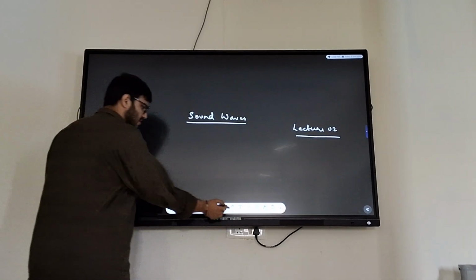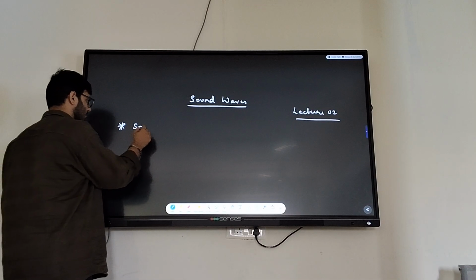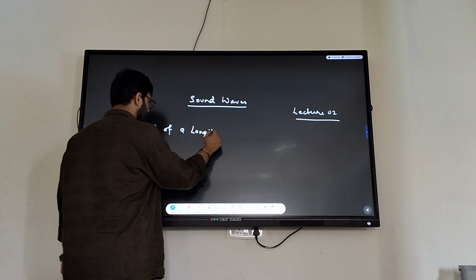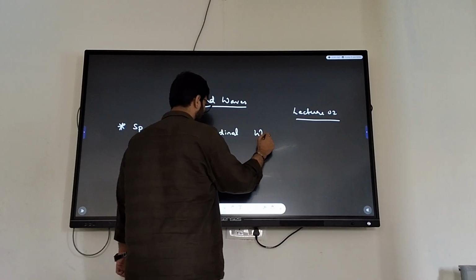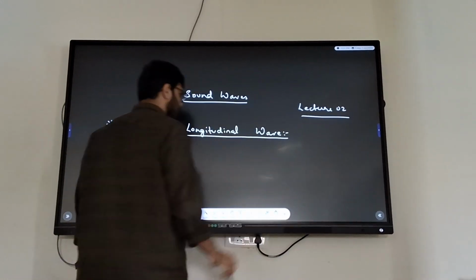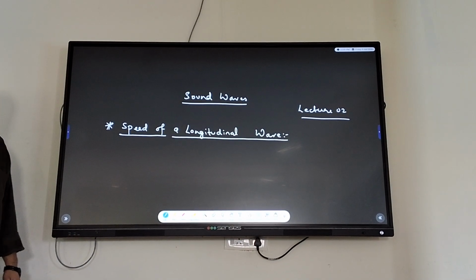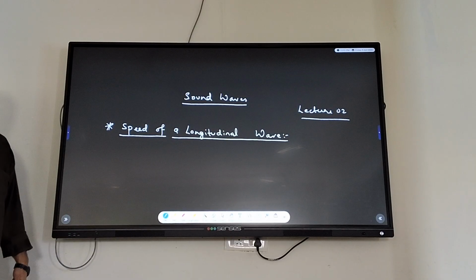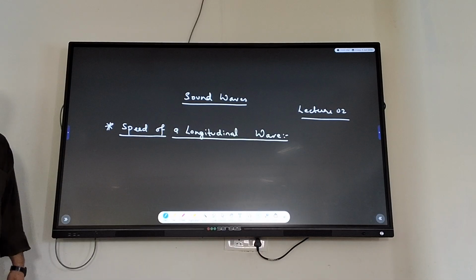Okay. So let's talk about the speed of a longitudinal wave. We will follow the same setup as we have done last time: you will have a medium of density rho, and we will take a very small element of that medium, a cylindrical element, and study that.